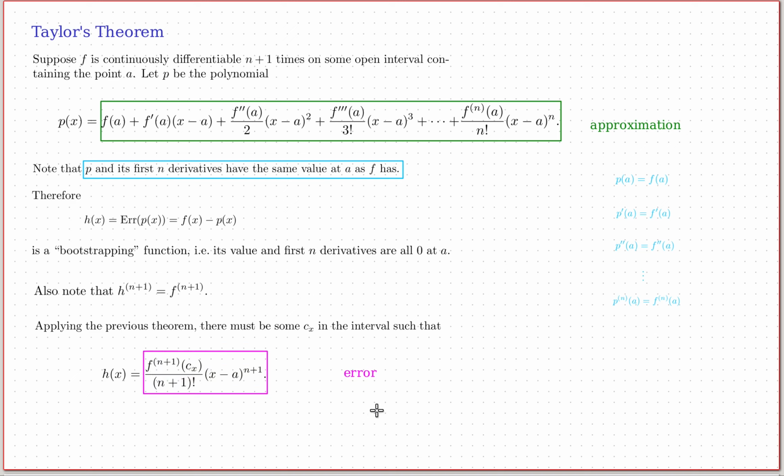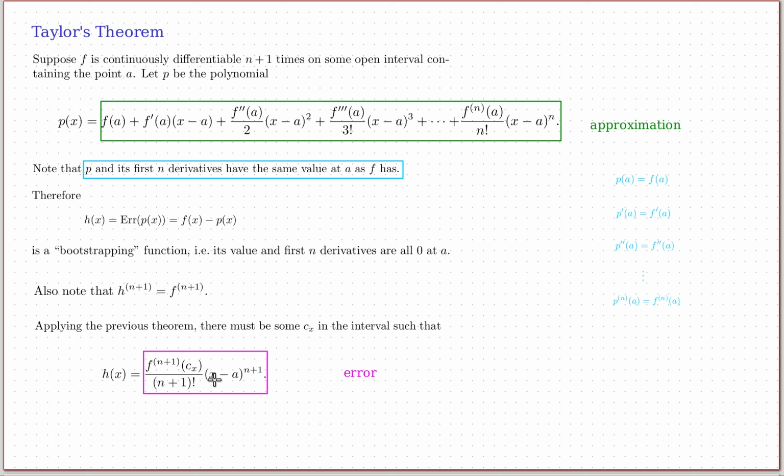Right? Now notice that this error term tends to get better as n gets larger. So if you have a function that has a lot of derivatives, and you use those derivatives to make up a big polynomial like this, you should be able to get a very good approximation, because as the number n gets larger, well, what happens? Let's see, this quantity n plus 1 factorial in the denominator gets larger, so that makes the error smaller.